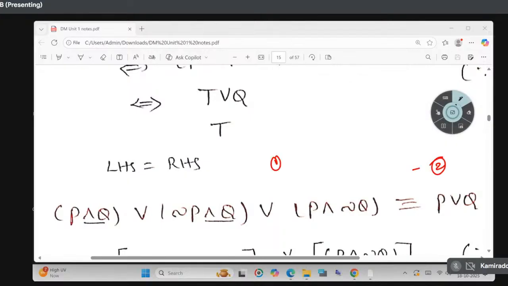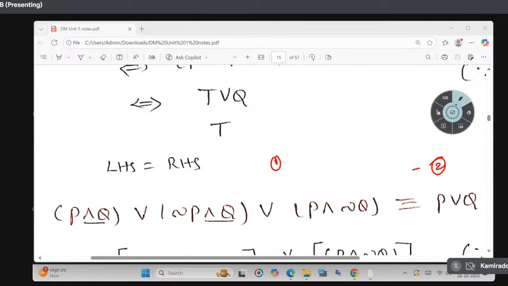Out of 1 and 2, which one is LHS, which one is RHS? 1 is your LHS, from which we have to get the conclusion of 2, that is P or Q. So we have to simplify this entire given statement and we have to get the conclusion of P or Q. That is our question and answer.